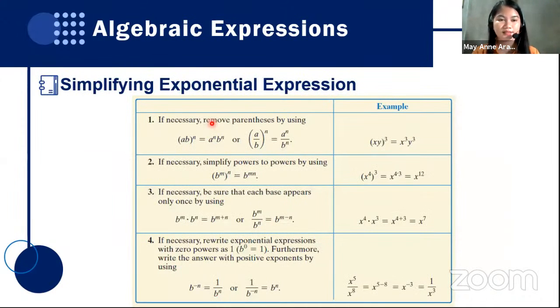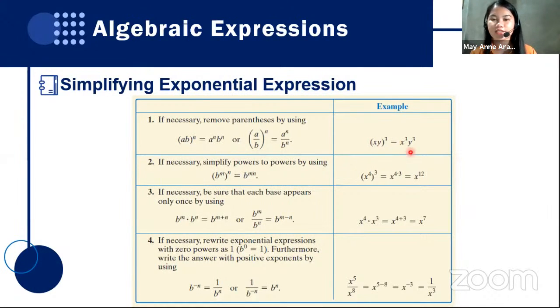Okay. Next, let us have the simplifying of exponential expressions. If necessary, remove parentheses by using this rule: the quantity of a times b raised to n. Just apply the rule and distribute.